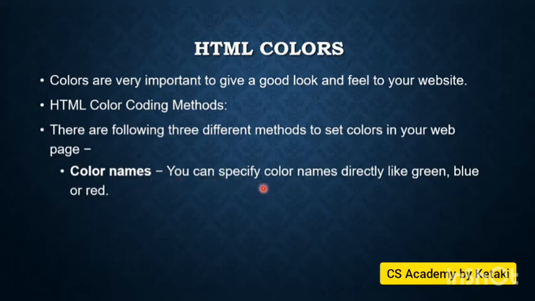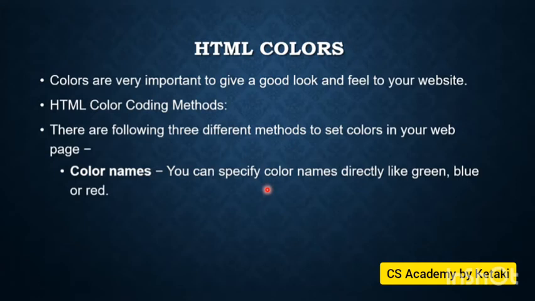You can specify the color name directly, like green, blue or red, in HTML coding or in your CSS coding, whatever it may be: orange, black, white. This is the easiest method, but in HTML or CSS, not all colors are available by using names.